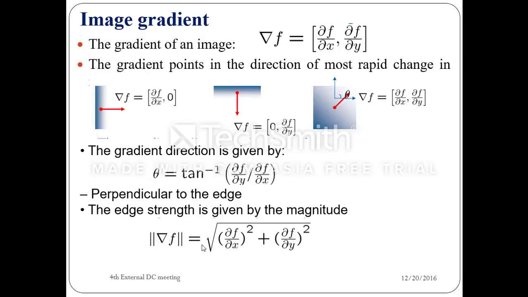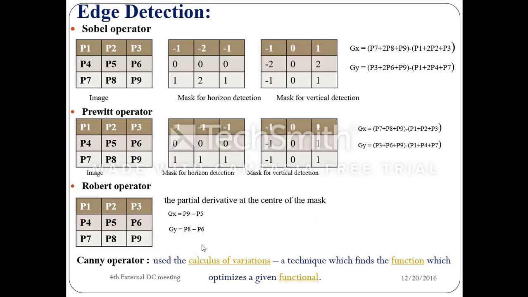The gradient direction is given by this equation, which is included in the real image and forms the database. It uses the x-axis and y-axis, and the gradient is in the perpendicular direction of the edge.